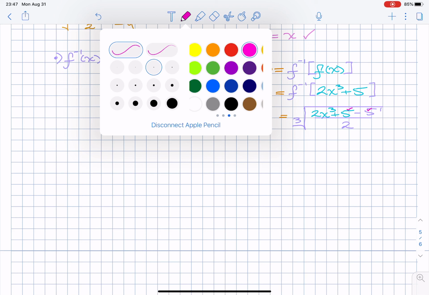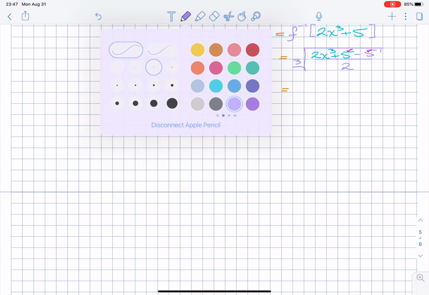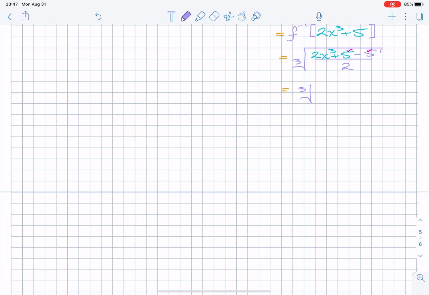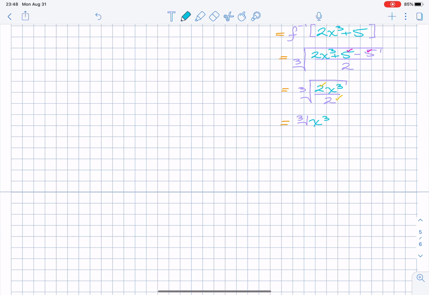So we are left with, what are we left with? We are left with the cubed root of, all that's left in the numerator now is 2x cubed all over 2. So we can see now that the 2's will reduce, leaving us with the cubed root of x cubed, which of course is just x.